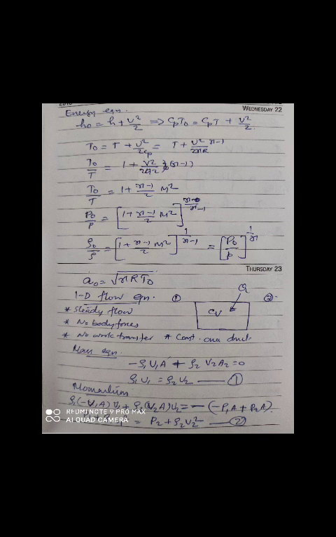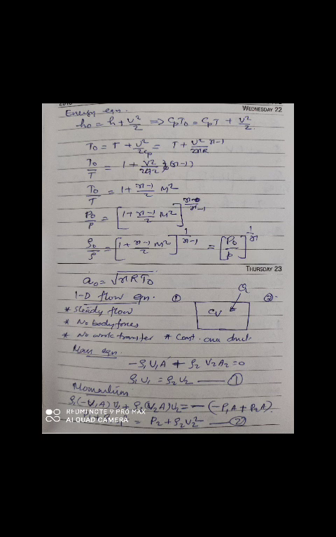That is, H0 is Cp T0, which is equal to Cp T plus V square by 2, and Cp is gamma R by gamma minus 1, and substitute the value for Cp in this expression.